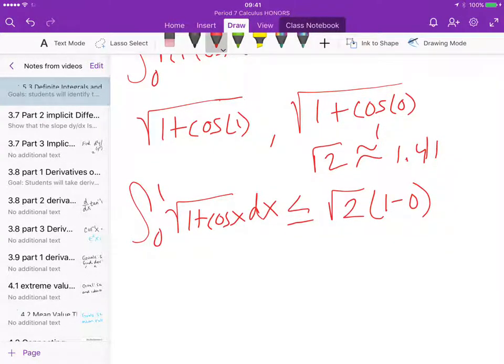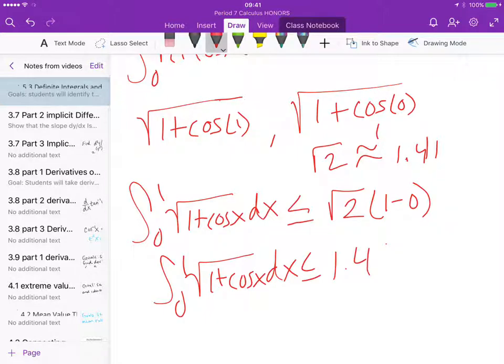Well, 1 minus 0 is 1, so 1 times the square root of 2 is just the square root of 2, which is 1.41. All right? Well, 1.41 is less than 3/2. 3/2 is 1.5. So boom, we have already gone ahead and shown that it is going to be less than 3/2 by bound. Okay?